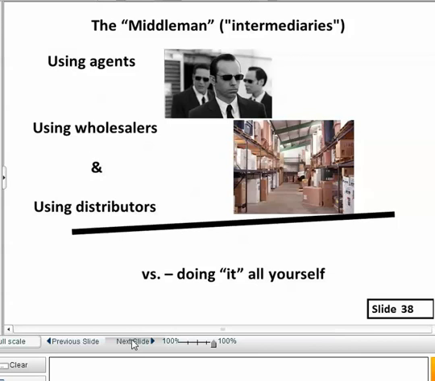So if you're trying to market your product over a large geographical area, you may find it quite burdensome to try to do it all yourself. Okay? So in this case, you may find it better to use those marketing middlemen or intermediaries, such as having agents out in the field, or more importantly, using wholesalers or distributors. And again, you want to read about that in your textbook. All I'm trying to do is give you a preview of what's going to be in your textbook for this week.